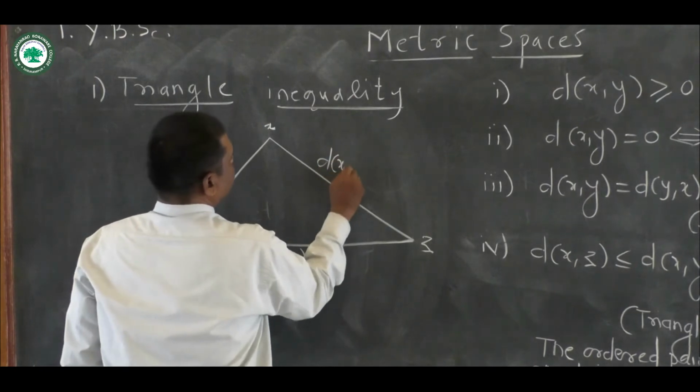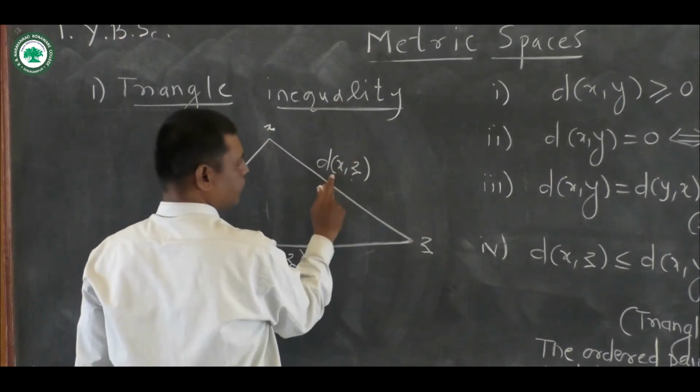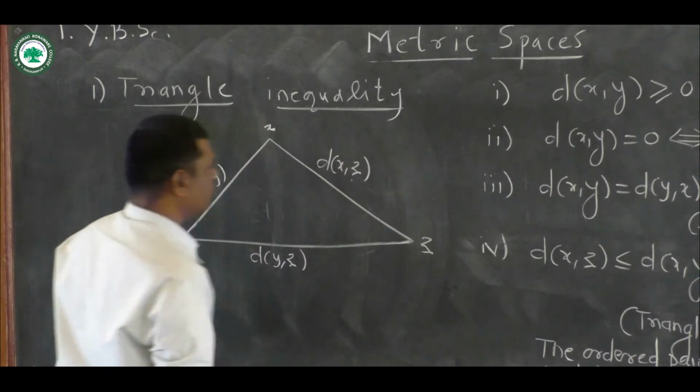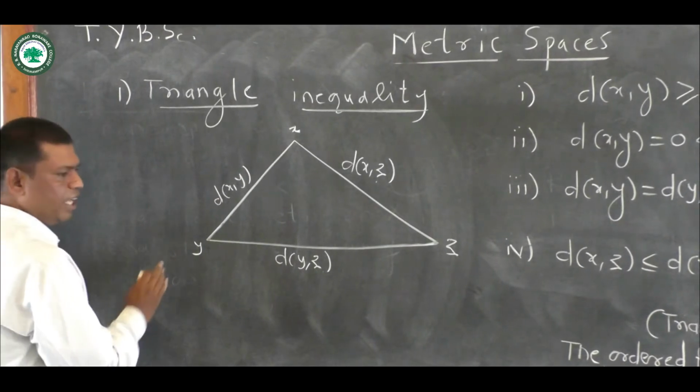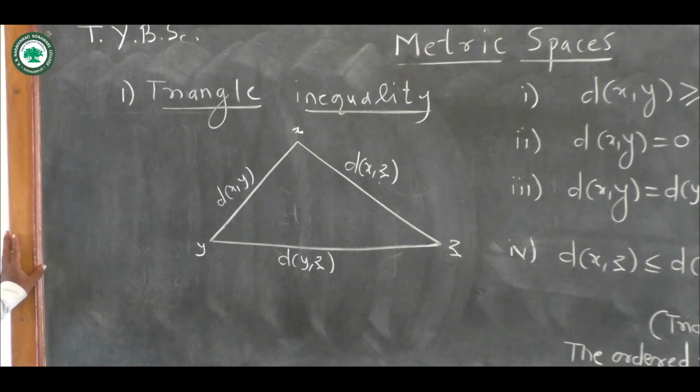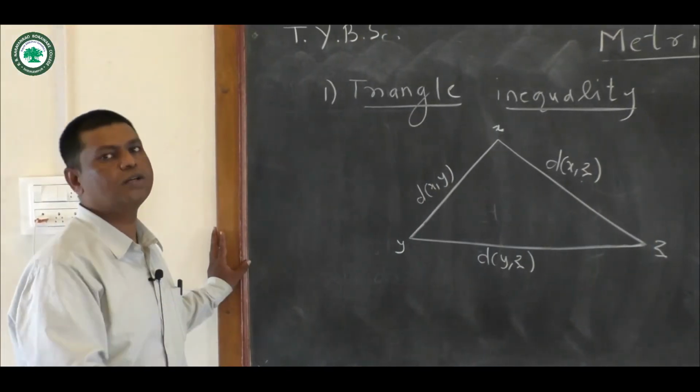The distance between x and z is denoted by d of x,z. Remember, the length of one side of a triangle cannot exceed the sum of the lengths of the other two sides.